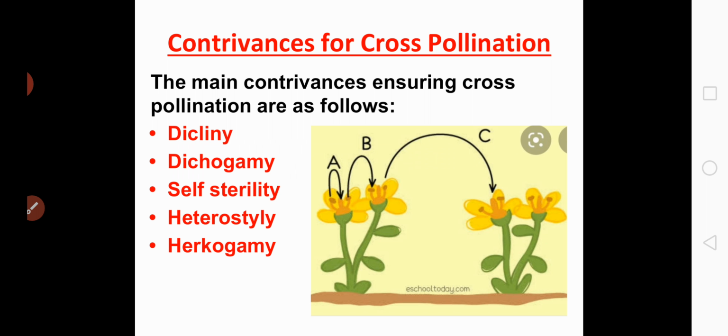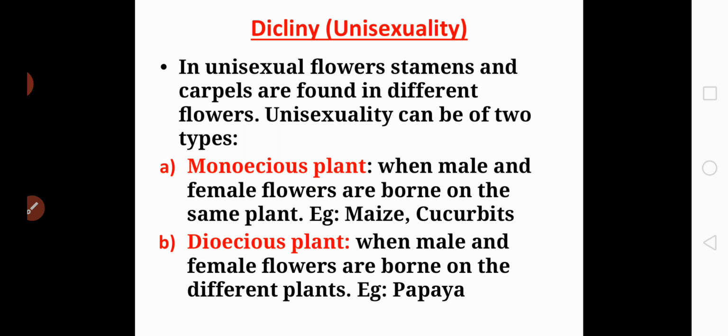Now coming to the next topic, contrivances for cross-pollination. The main contrivances ensuring cross-pollination are as follows: diclinism, dichogamy, self-sterility, heterostyly, hercogamy. Coming to the first type, diclinism. This condition is also called unisexuality.